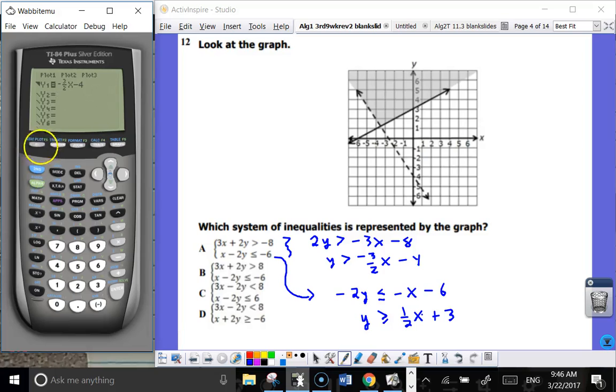So alpha y equals 1 down to x plus 3, and then you got to select enter. It's still a greater than, and now I hit graph.